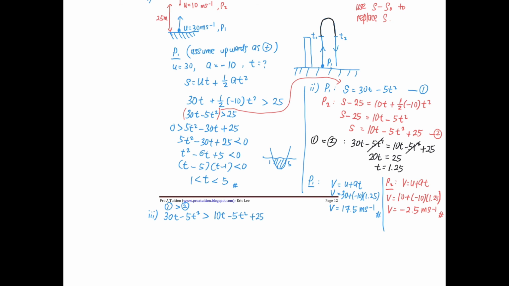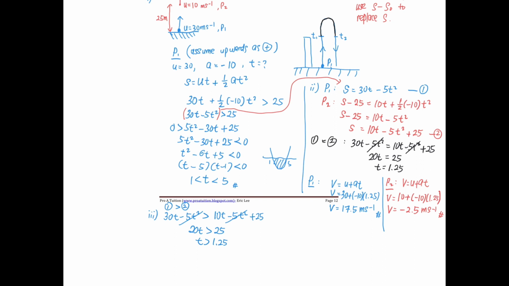First we can cut both sides, and then we end up with 20t greater than 25, t greater than 1.25. Same working like just now. So that means when the time is greater than 1.25, P1 is higher than P2.